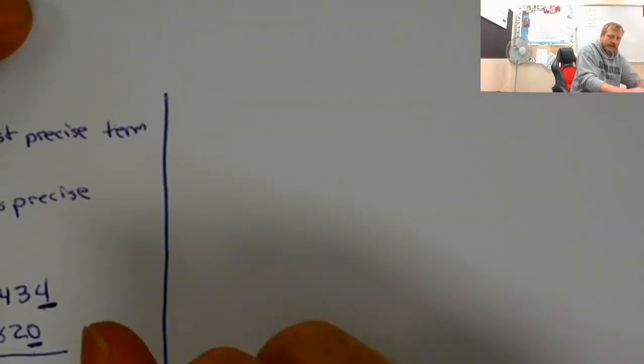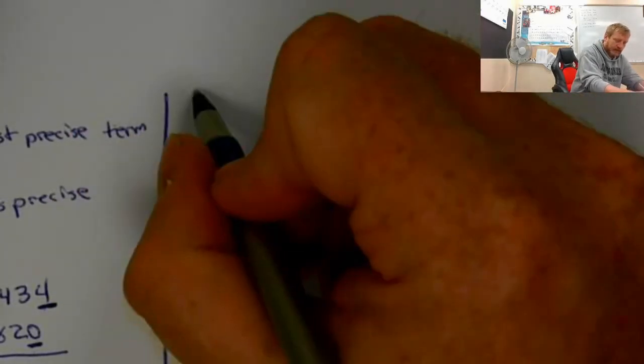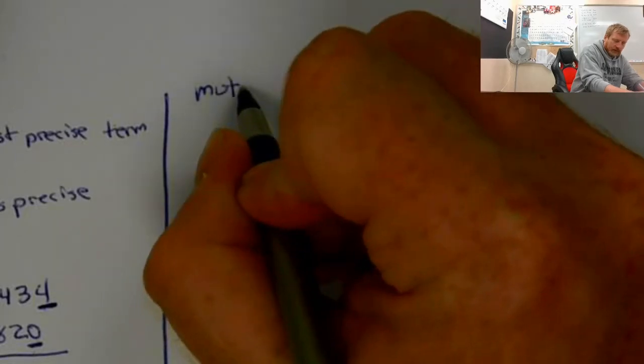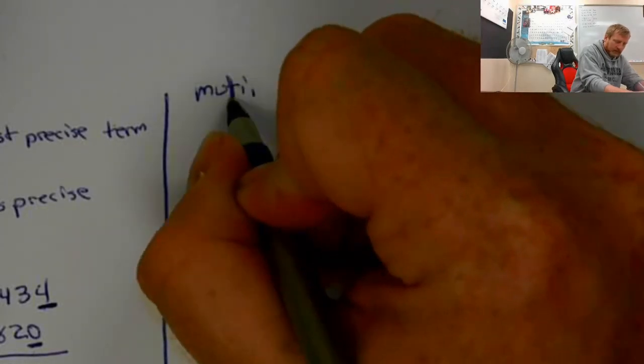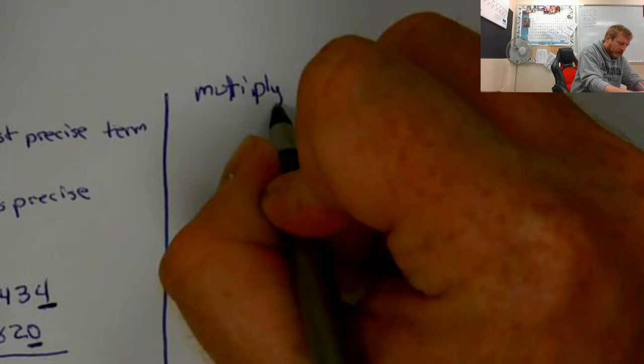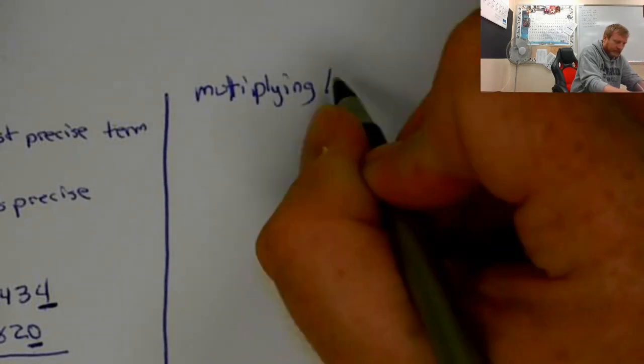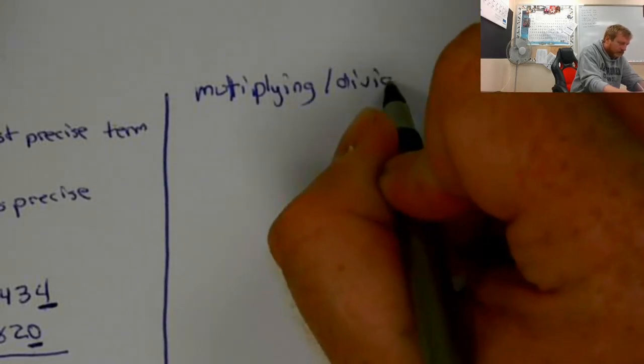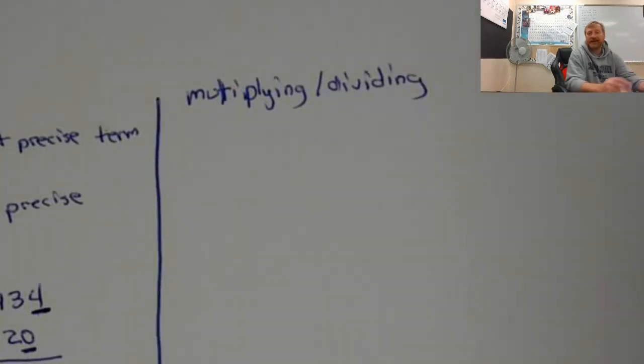For multiplying and dividing with significant digits, we have a different set of rules, because why not? And really, again, this isn't just made up to make your lives hard.